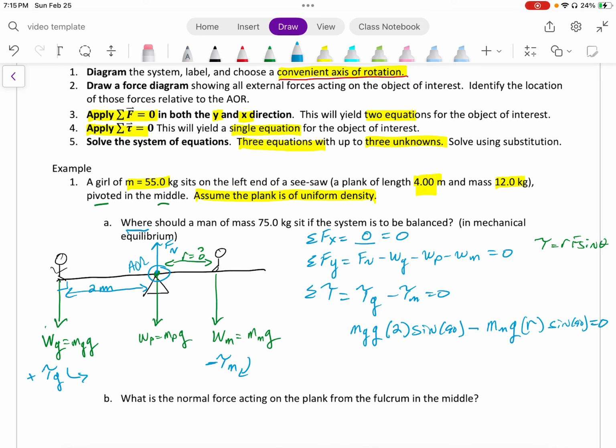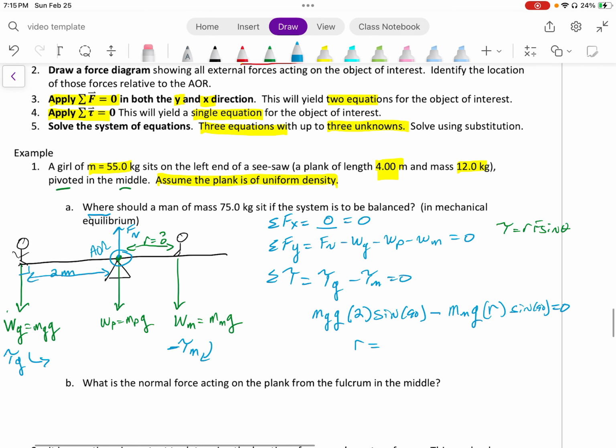Now we'll solve for r, and we'll find that r is equal to the mass of the girl times little g times 2, sine of 90 is 1, divided by mass of the man times little g. Is that it? Yes.